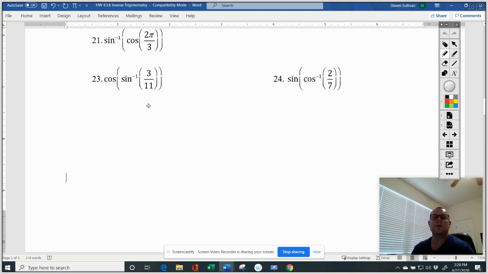So if we were to build our triangle here, and we're going to call this angle theta. So we know sine is opposite over hypotenuse. So when we label this triangle, remember SOHCAHTOA, we know that this is 3 and this is 11, and we're really trying to find this x value.